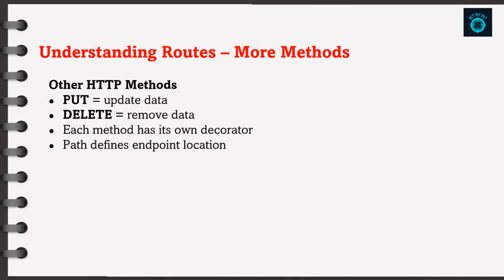Understanding routes, more methods. Besides GET and POST, there are other HTTP methods that we commonly use. PUT is used to update existing data, for example, editing a record in the database. DELETE is used to remove data from the server. Just like before, FastAPI provides decorators. You can use @app.put for PUT requests and @app.delete for DELETE requests.